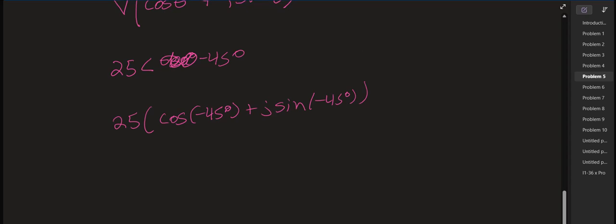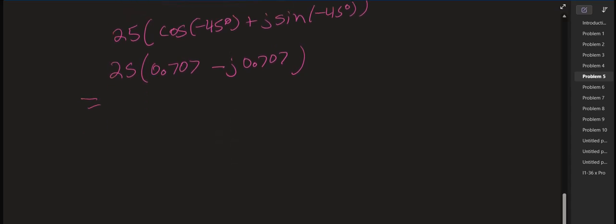And that would be 25 times 0.707, because that's the cosine of negative 45 degrees, minus J 0.707, because the sine of negative 45 degrees is negative 0.707. And then you multiply that by 25, and I'm out of tricks of doing it in my head.